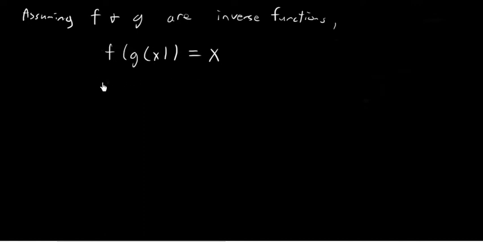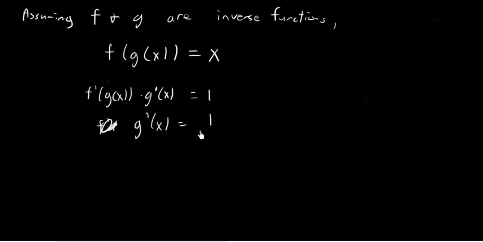Well, if we differentiated the right side, we just get 1. If we differentiated the left side, we get f prime of g of x times g prime of x. Remember, this just follows from the chain rule. And if we solve for g prime of x, we get 1 over f prime of g of x. But how does this help us find the derivative of ln of x?